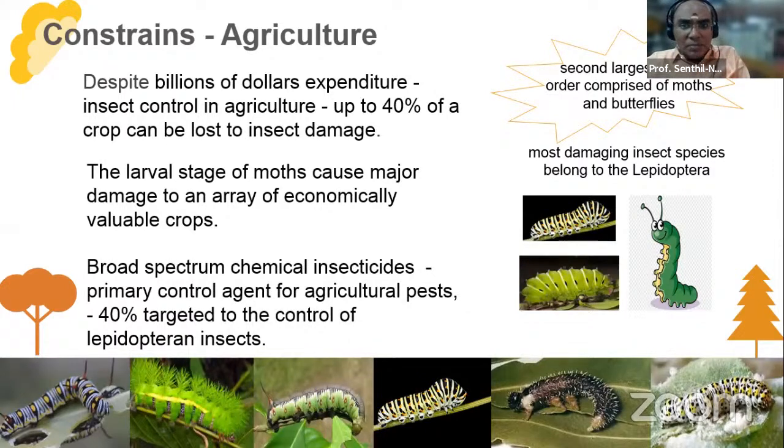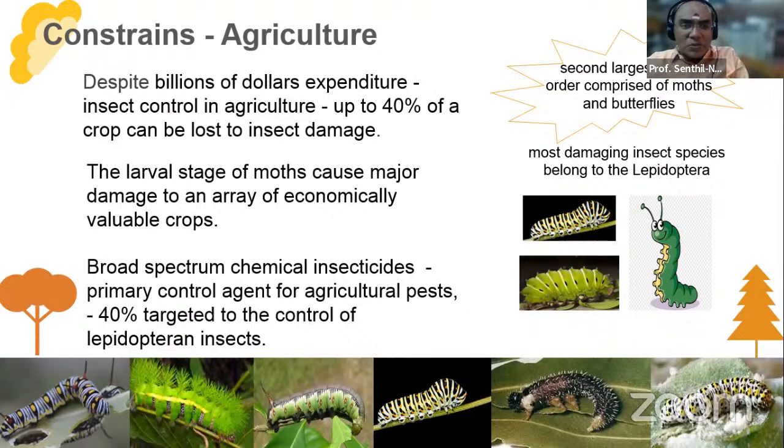Here I would point out that 40% of the crop can be lost to insect damage, because insects are a huge group, occupying nearly 80% of the earth in various forms. Majority of them are non-beneficial and destroy the plants.